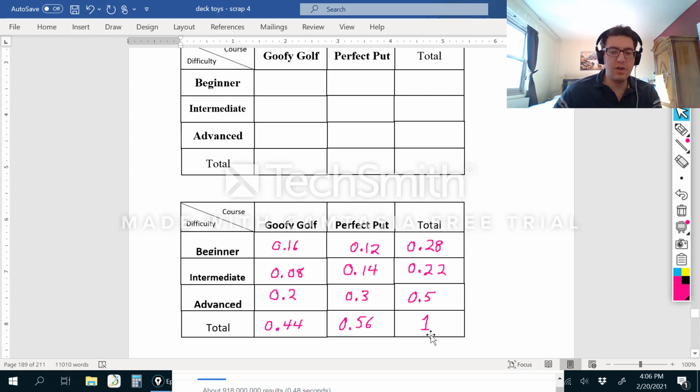So let me pick a different number. For example, this number over here, 0.16, tells me that 16% of all of the holes are beginner goofy golf holes. Now I cannot take that number and convert it into a normal frequency unless somebody tells me what the grand total is supposed to be.